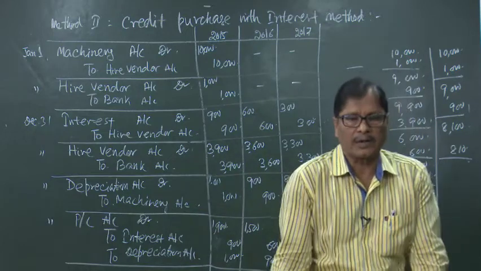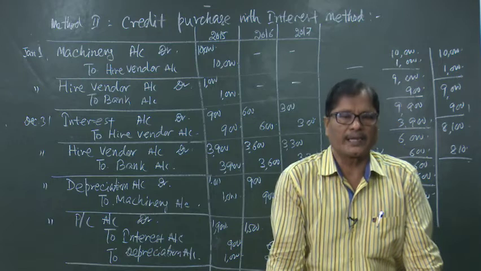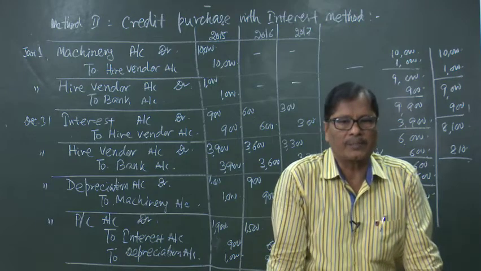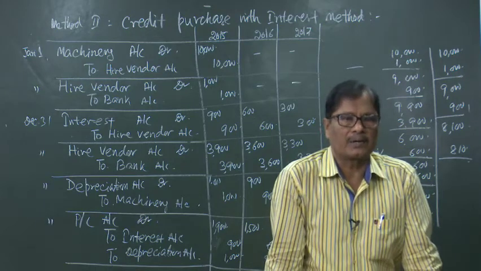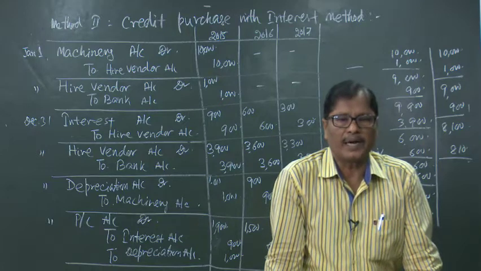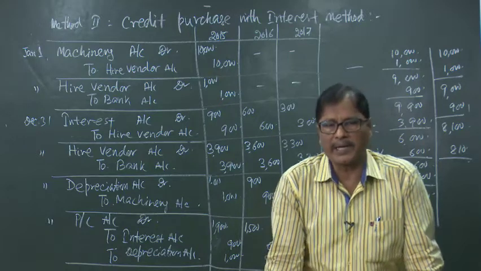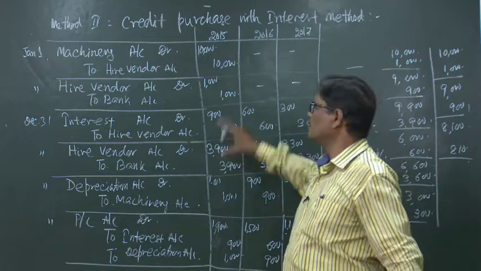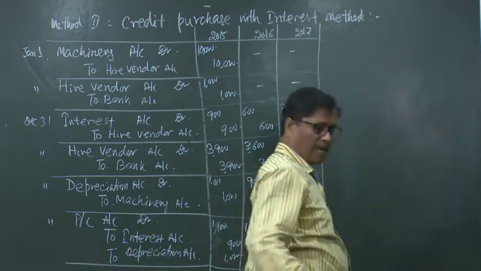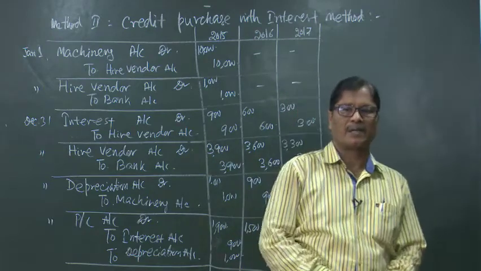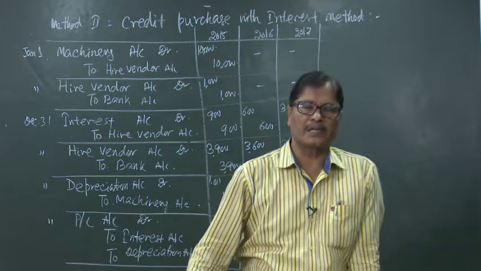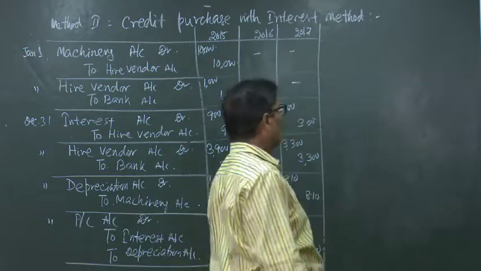What are the ledger accounts? Two important ledger accounts in this case are the hire vendor account and the machinery account. Let us prepare hire vendor account and machinery account by taking into consideration all these journal entries. After this we will prepare the balance sheet. So, before preparing the balance sheet, let us prepare the ledger accounts. And what are the ledger accounts?